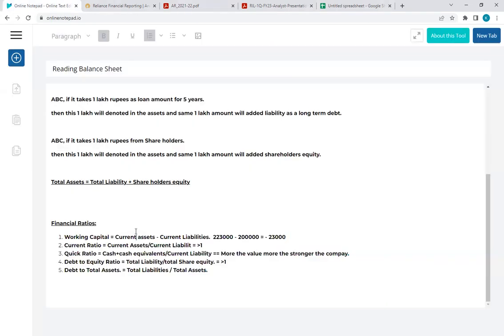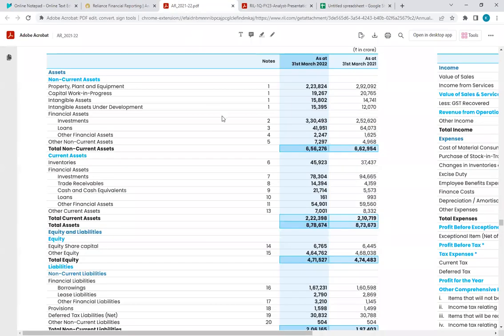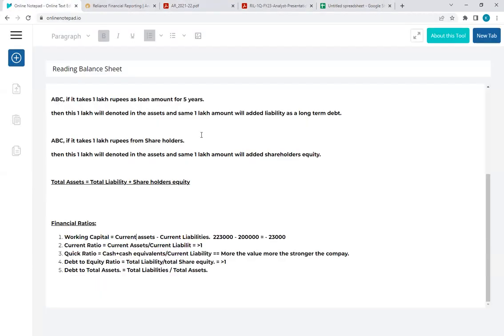That way we can get an idea of how Reliance Industries is performing compared to other companies in the same sector. Okay, so this is what we can calculate from the balance sheet that any company provides us. I hope this is clear for you.